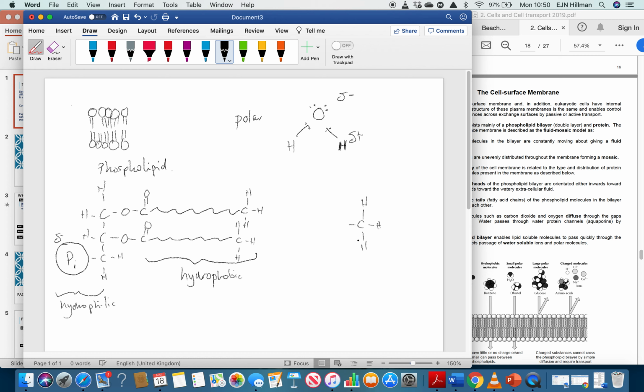This is methane. Okay, the electrons are shared equally between the carbon and the hydrogen. Neither of these atoms are electronegative, so there is no charge on this molecule. And that makes it hydrophobic. It means that it will repel any polar molecules such as water.